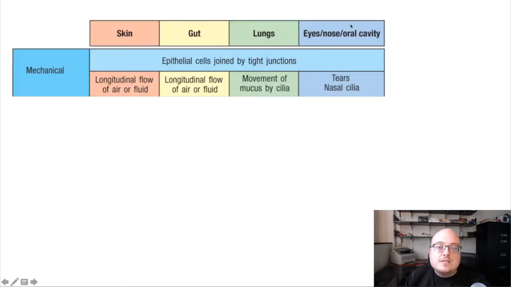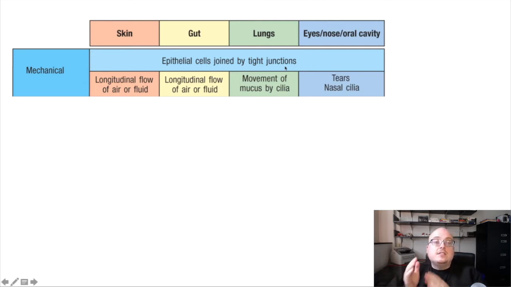So if we categorize them broadly this way, our skin, gut, lungs, as well as our facial cavities, all of them employ mechanical strategies to prevent colonization by pathogens. One thing that unites all of our barrier tissues is that, for the most part, they all consist of cells called epithelial cells. And epithelial cells are joined by cellular structures called tight junctions.